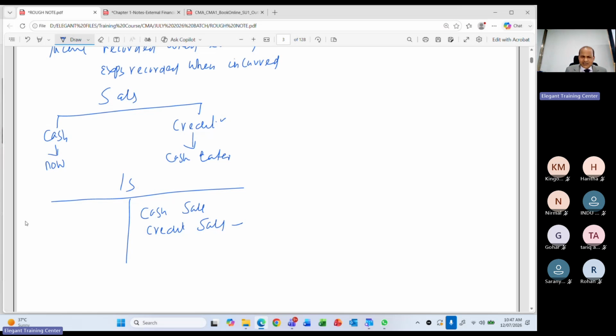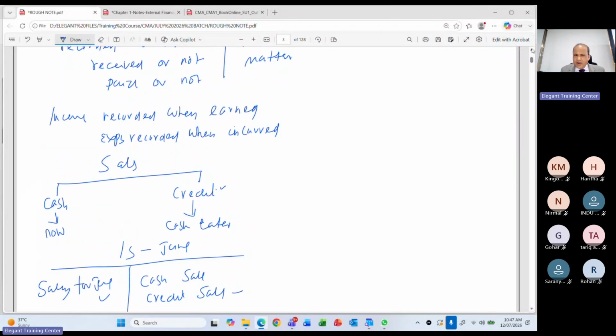Now, let's say salary. We are in July now. Let's say this income statement is for June, and salary of June is not paid. Example, but still salary of June will come in the income statement. Expenses incurred, right? Understand? One is income earned, and expenses incurred.